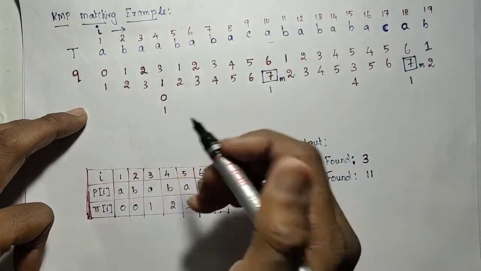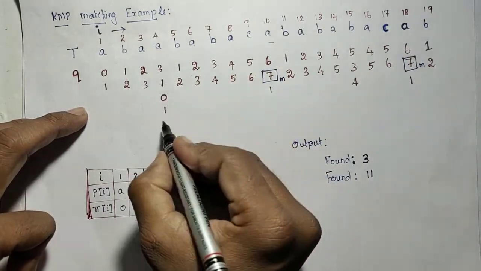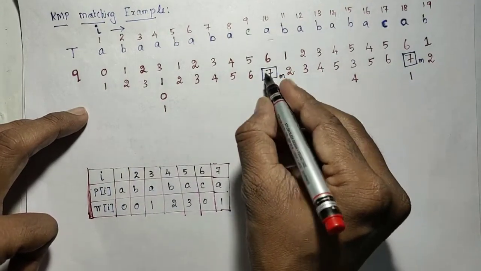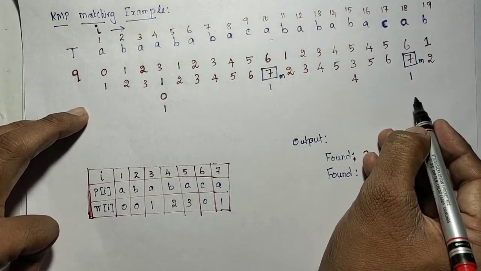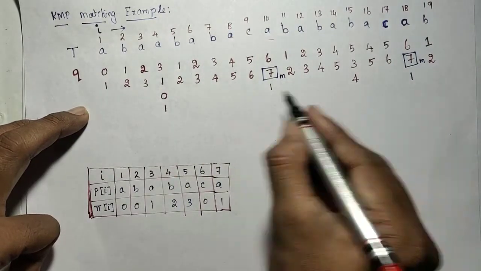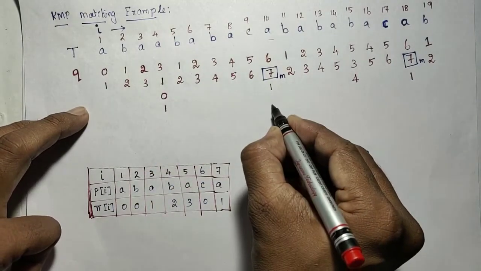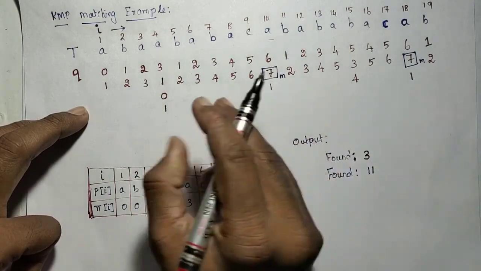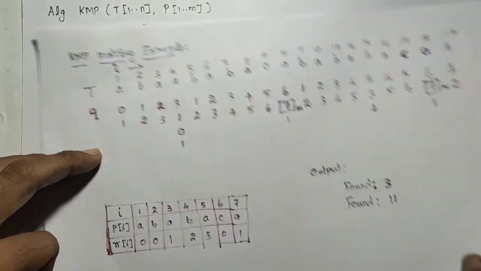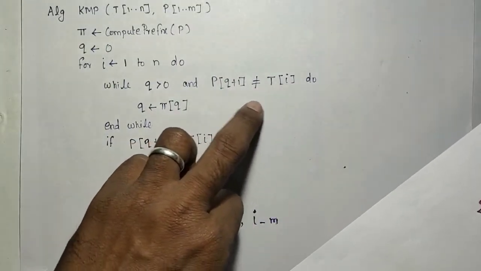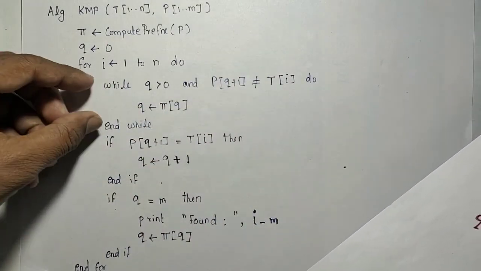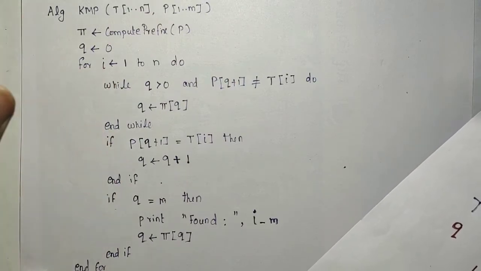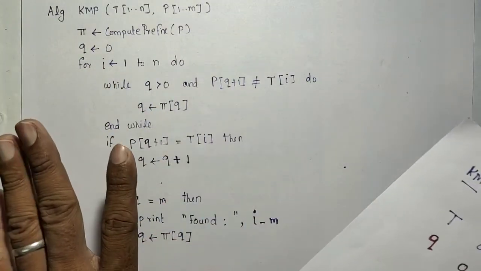If you observe, the while loop is getting executed in 4 places only, and that also only 1 or 2 times, so it will not get executed n times or m times.